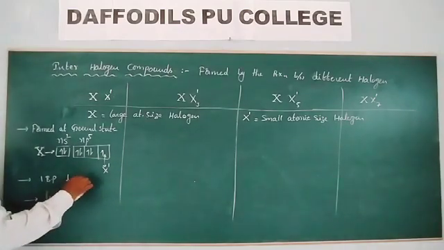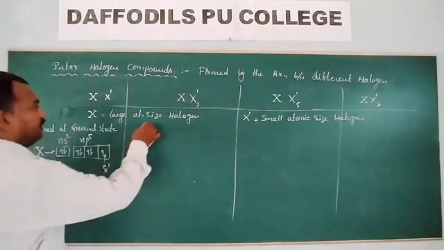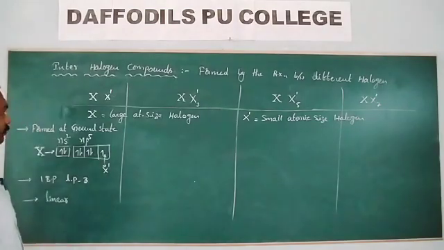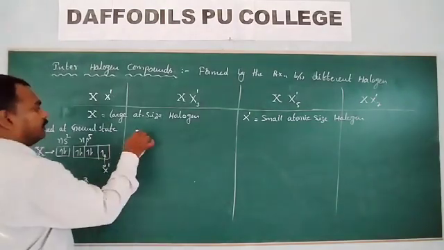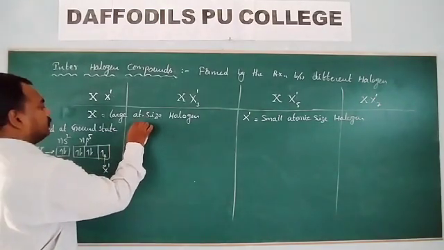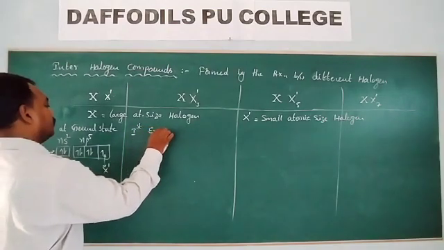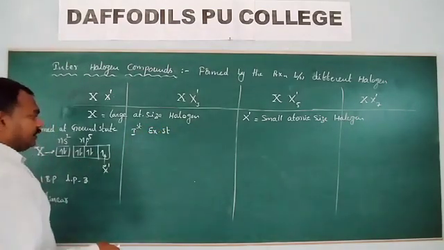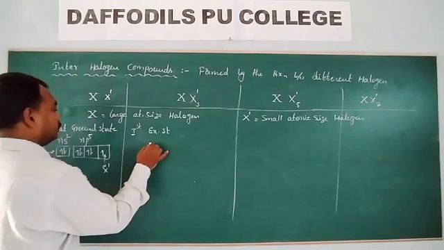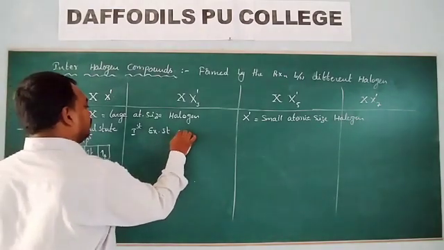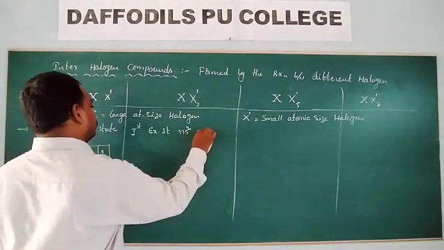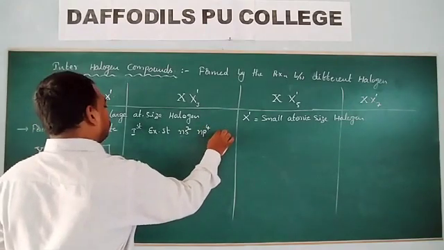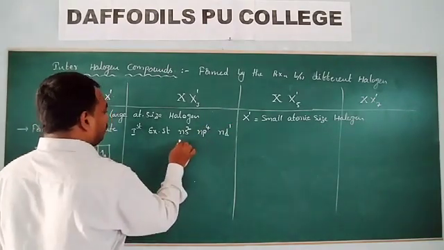Now look at the other thing, XX dash 3. Look at the first excited state. The first excited state electronic configuration is ns2, np4, nd1.